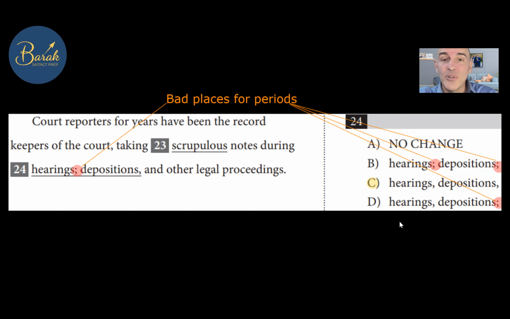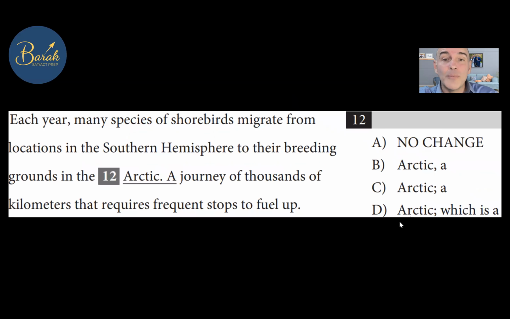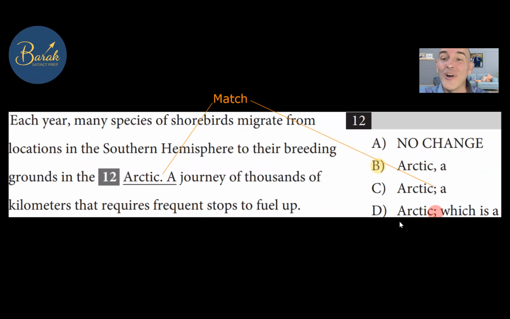Here's another example. You might want to pause for question number 12. Here you can see again that not only is D a terrible place for a semicolon, but C is a terrible place for a semicolon. Because a semicolon is exactly the same thing as a period, A and C would both be a perfect match, which would mean they would be identical answers, which means you could get rid of both answers.